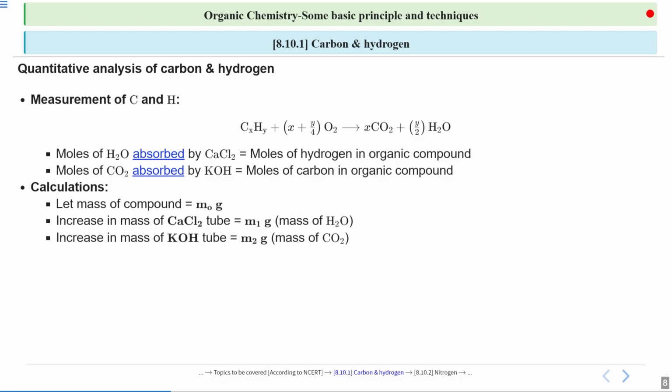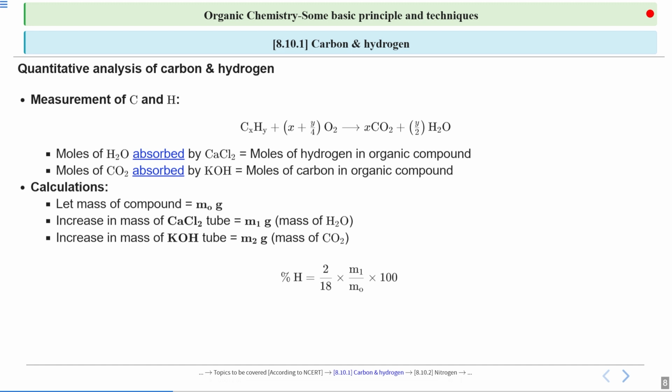Then we can similarly see the increase in mass of the potassium hydroxide tube, which will be labeled as m2 gram. This value tells us the mass of carbon dioxide produced, which we use to calculate the amount of carbon in the compound.